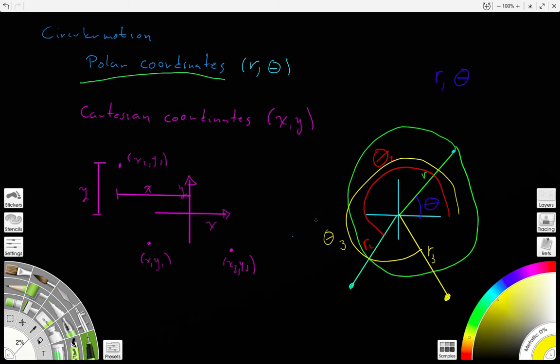Why? Because since we are moving along a circle that doesn't change radius, we can track the position of a particle with just the value of theta.